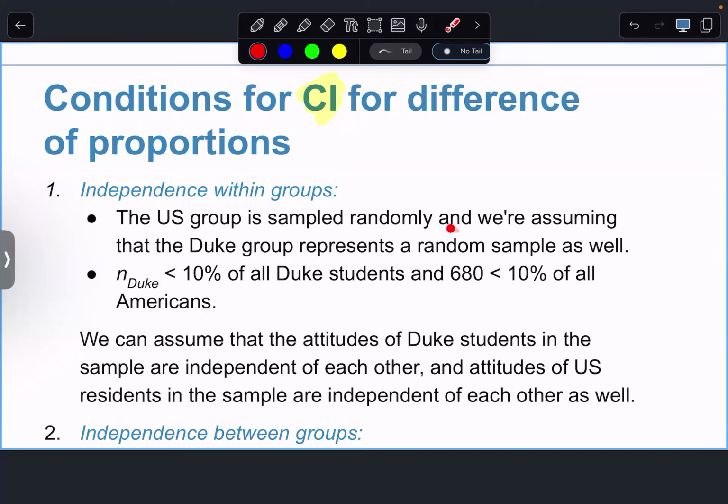And we're assuming that the Duke group represents a random sample as well. Not necessarily the case, but we are assuming it. That's a way to get around everything. Say, well, I assume. No one can fault you for that.